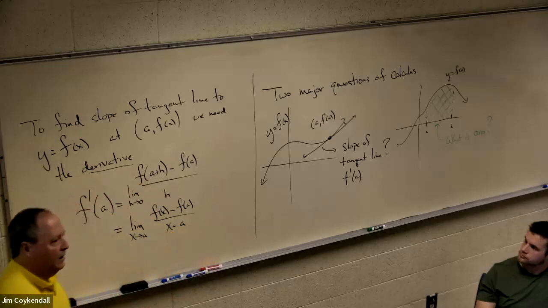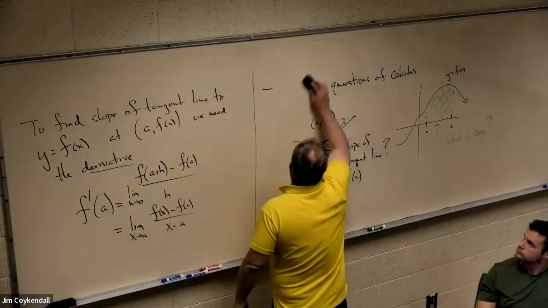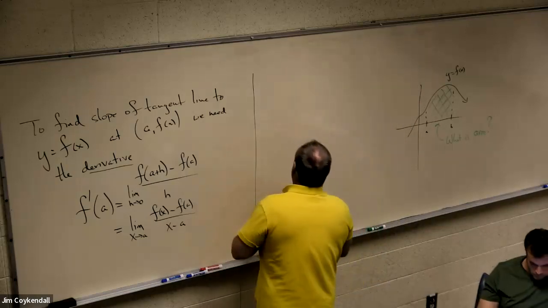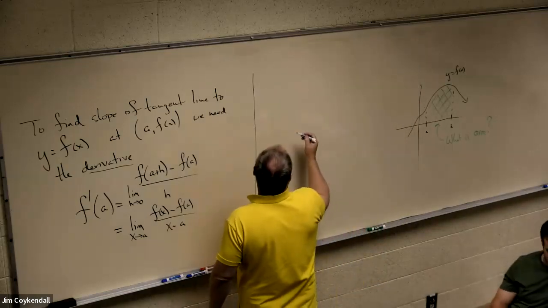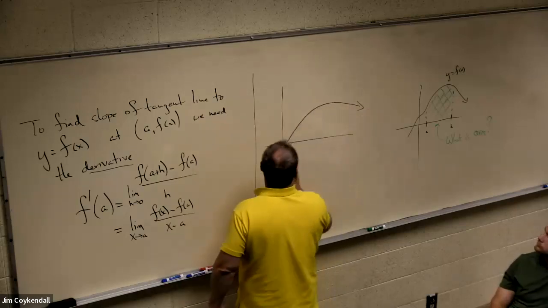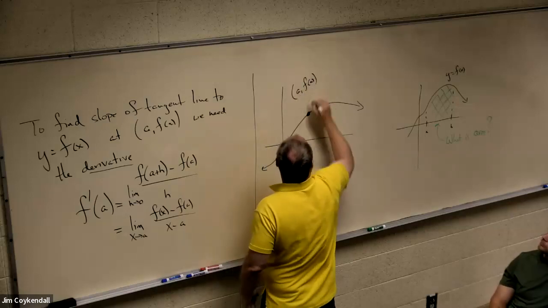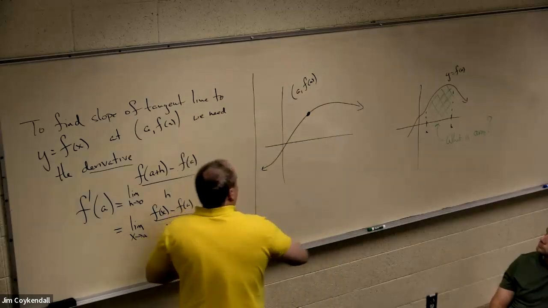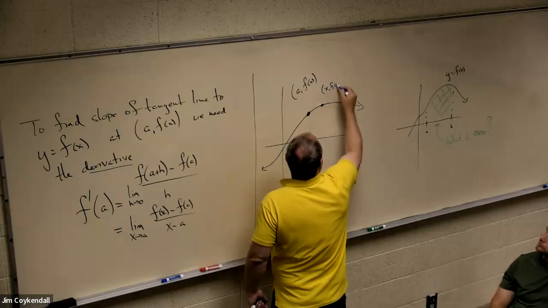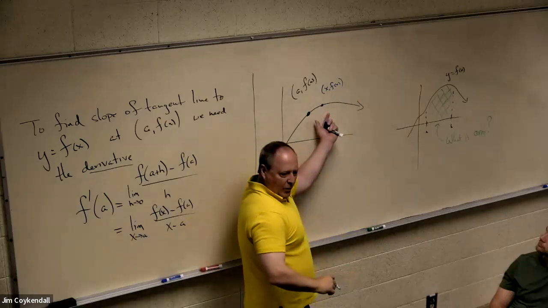How many of you have seen that? And so the second one is quite easier for me to illustrate here. The whole idea is this. We take a number x here, where x and a are reasonably close together.